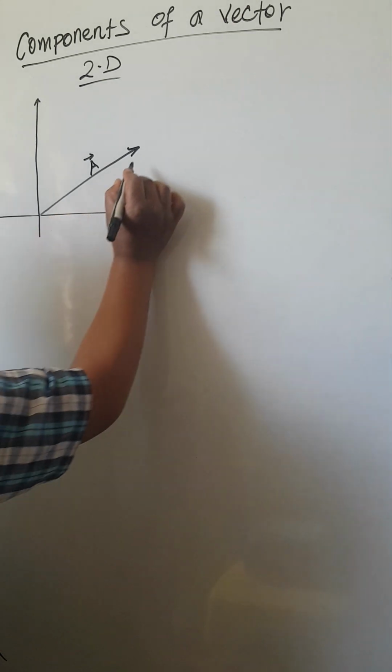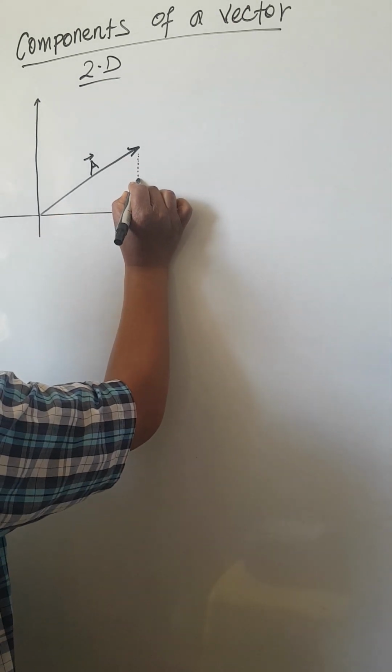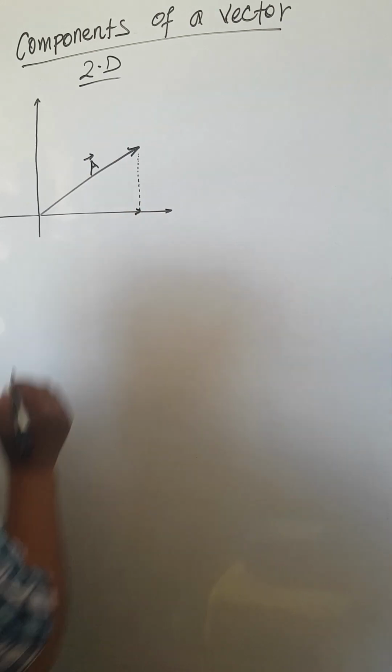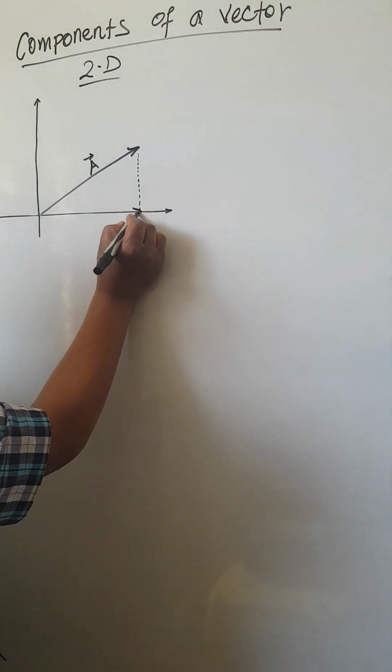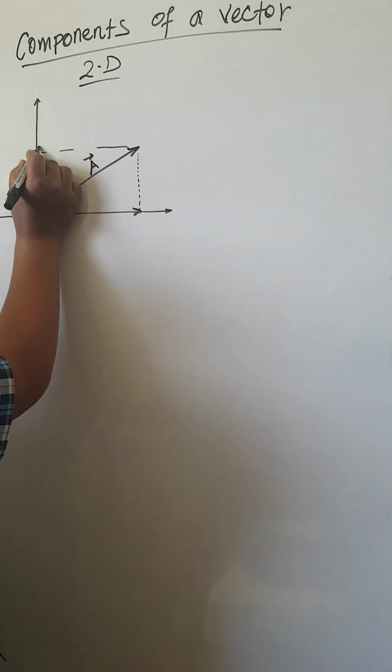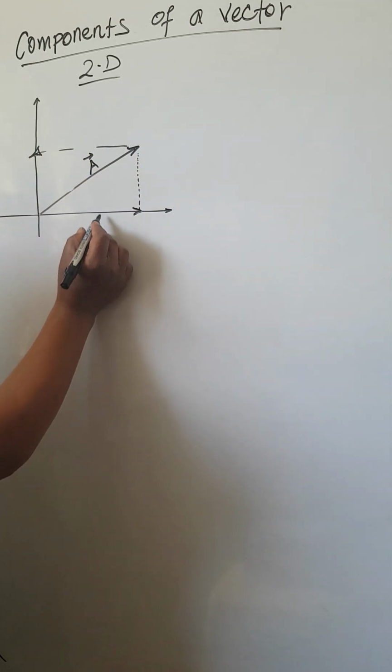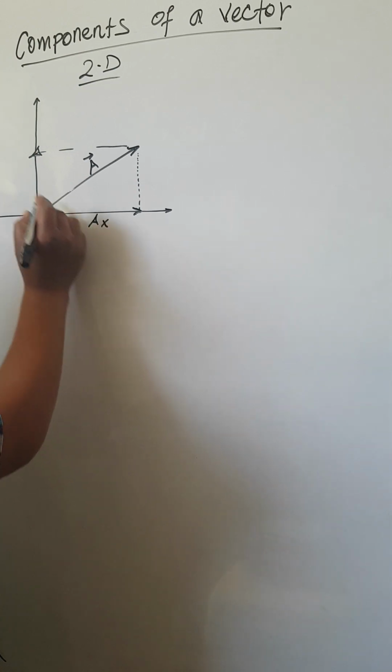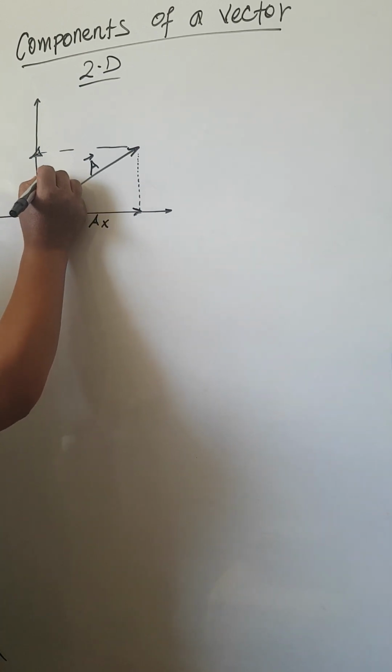The part under the shadow is said to be the x component of the vector, and this is the y component, so that this is Ax and this is Ay.